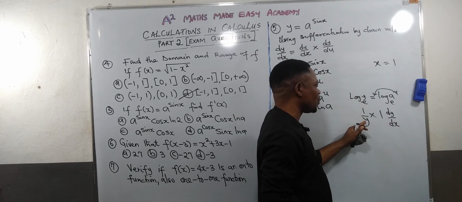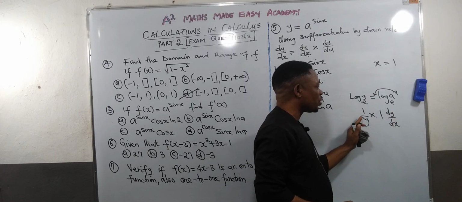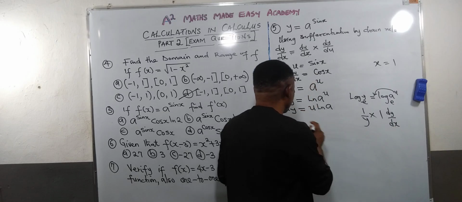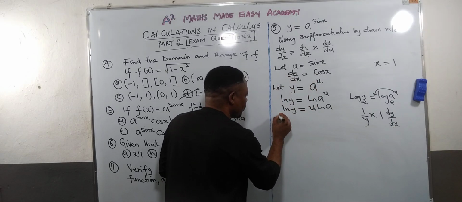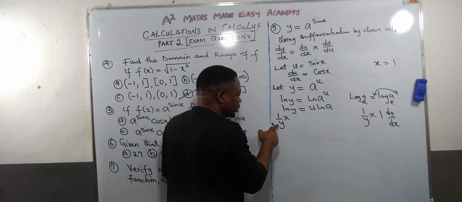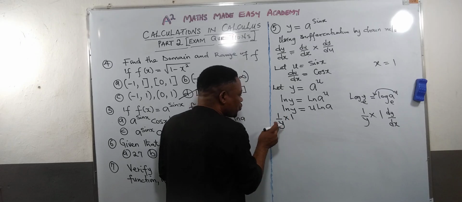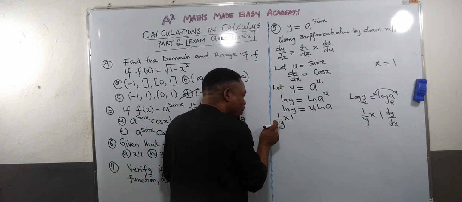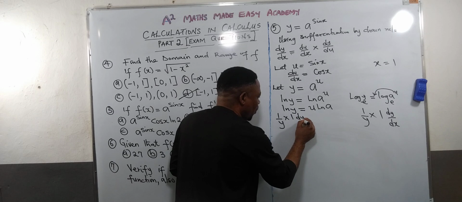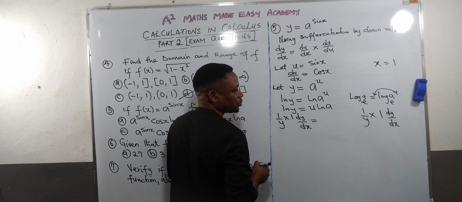Anytime you are differentiating y, remember to put dy over dx, because y is a function of x. So I say 1 over y first, then differentiate y, which gives 1, and because y depends on x, we put dy over dx.